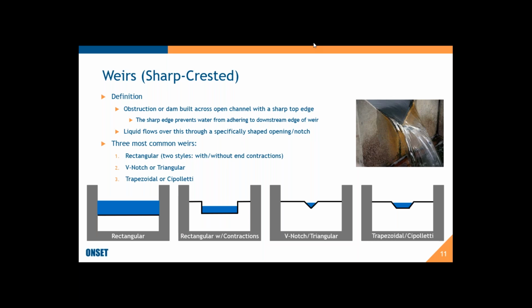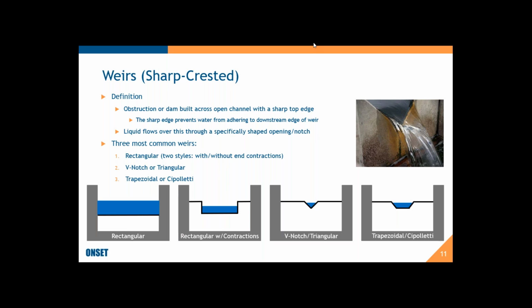If the water adheres to the downstream edge, it won't provide as accurate a measurement of the flow. And also, it has to be not a submerged flow. In other words, as you can see in this picture here, the water has to be free flowing out of the weir in order to get a valid measurement.